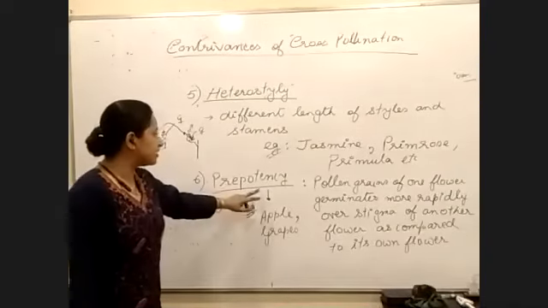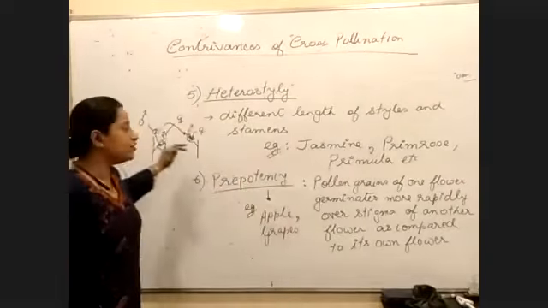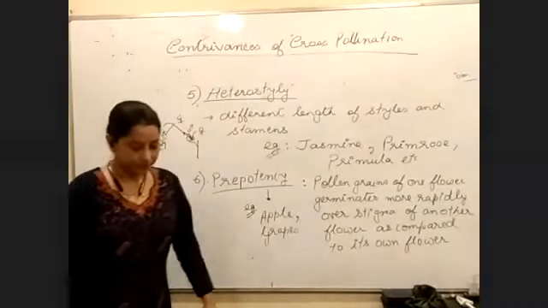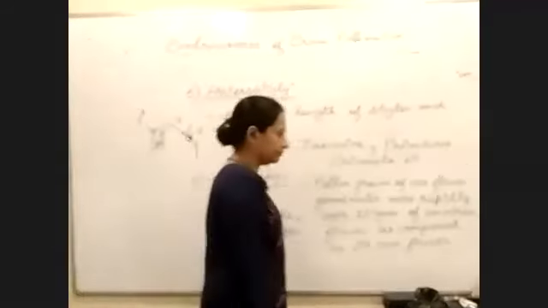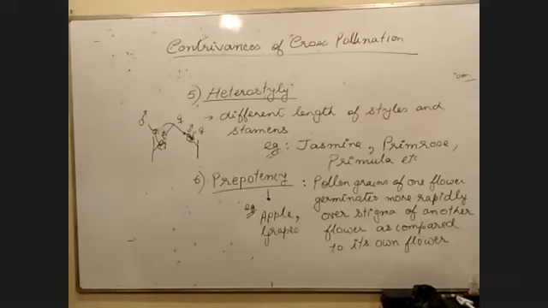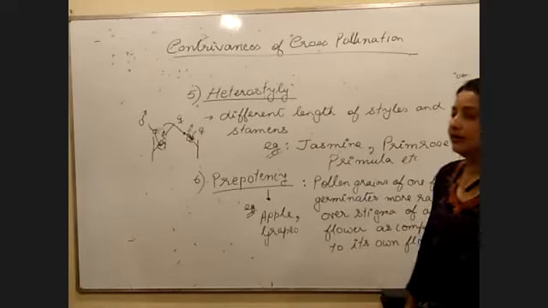That condition is called prepotency. If you have understood the explanation, now read the sentence: the pollen grains of one flower germinate more rapidly over the stigma of another flower as compared to its own flower. Is the point clear?